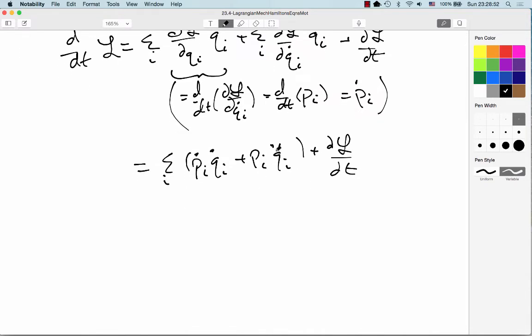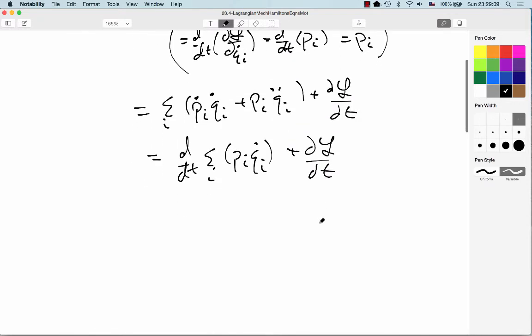This I can look at and recognize that this is a time derivative. This is the time derivative of the sum over i of pi qi dot, plus partial L partial t.